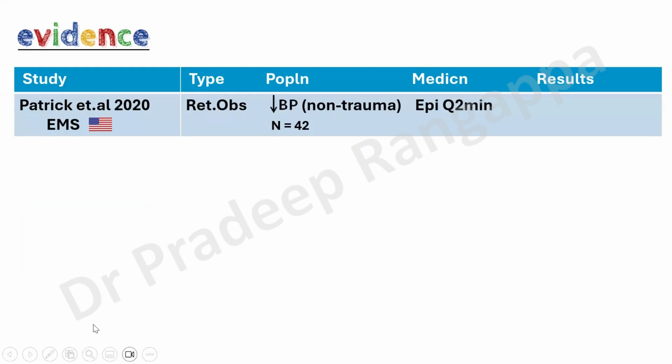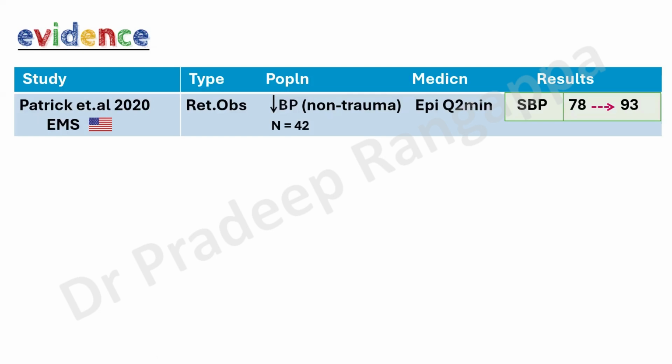This is Patrick et al. Most of the studies I'm showing you are from the USA. This was done in the emergency department. It's a retrospective observational study where they used push dose vasopressors in hypotensive non-trauma patients, 42 patients, where epinephrine, adrenaline, was used every 2 minutes. Of course, all these studies are observational studies, case series, and so on.